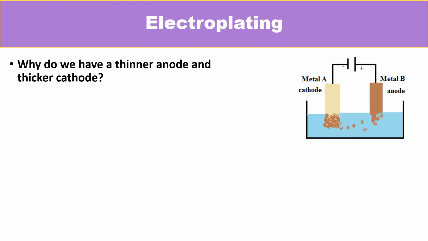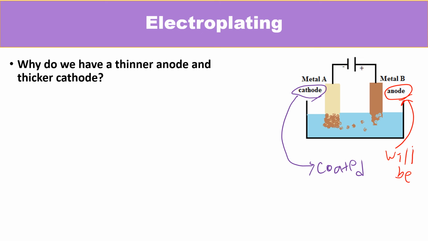You may wonder how electroplating works. It's actually quite simple. Whatever the matter that you'd like to coat, you need to put it on the cathode side. This will be coated. Whatever the one that you attach to the anode side, this will be used.